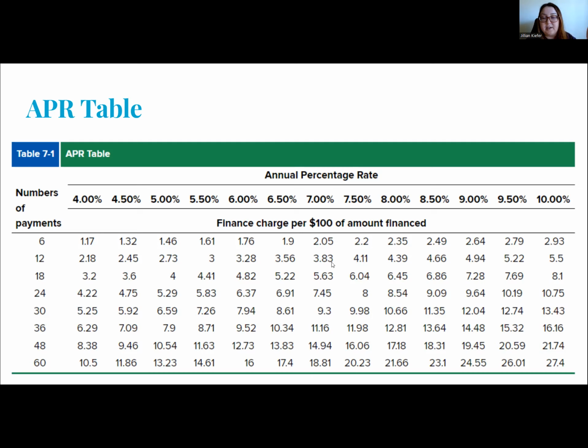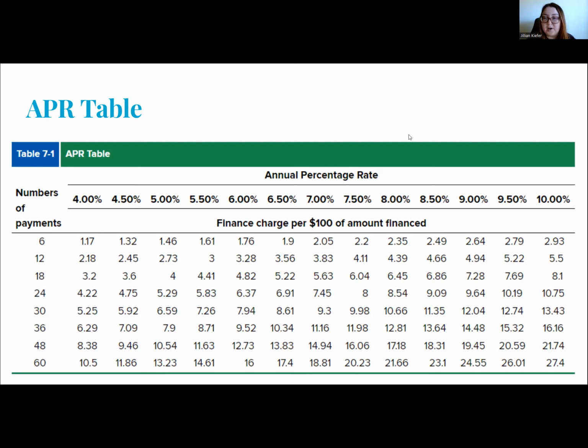We know that at 7%, we would pay $3.83, and at 7.5%, we're going to pay $4.11. Since 7.25% is between those values, our answer for our value of H will be halfway between these two numbers. So that's how we're going to calculate H.